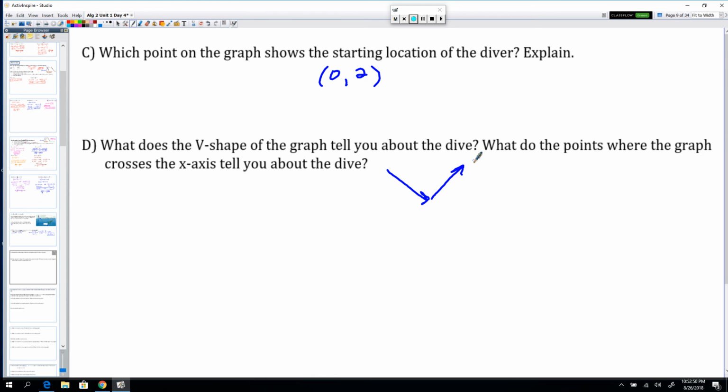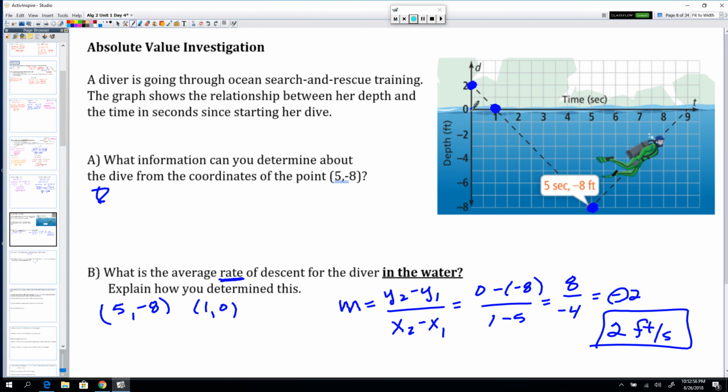And what do the points where the graph crossed the x-axis tell us about? If the x-axis is the surface of the water, and below the axis is below water, and above the axis is above the water, the x-intercepts here, where the graph crosses the x-axis, what do they mean in reality?